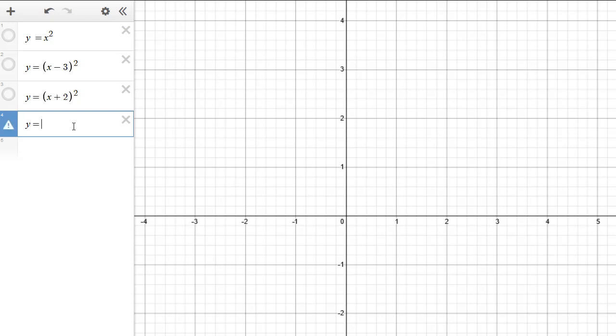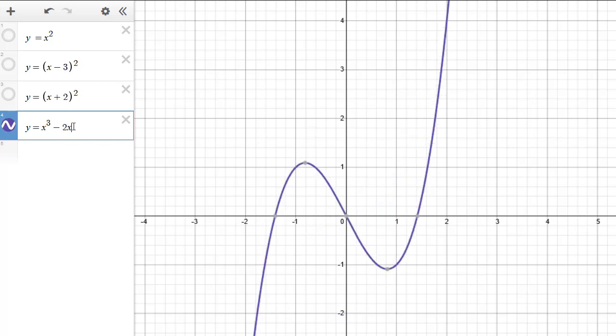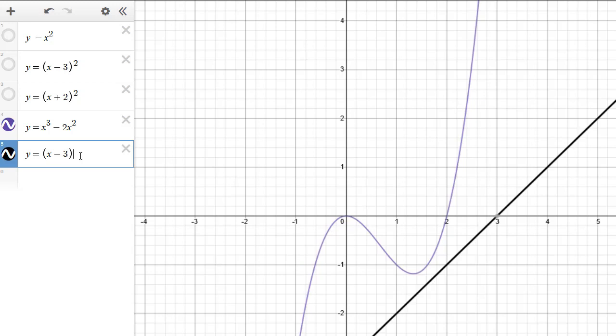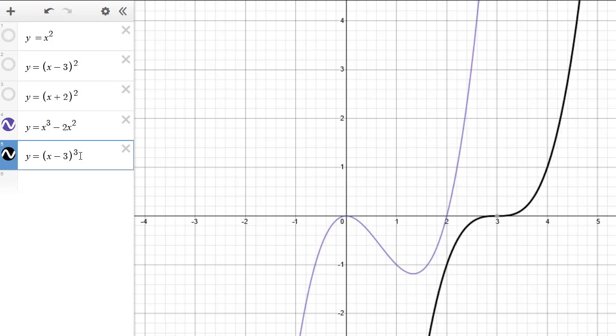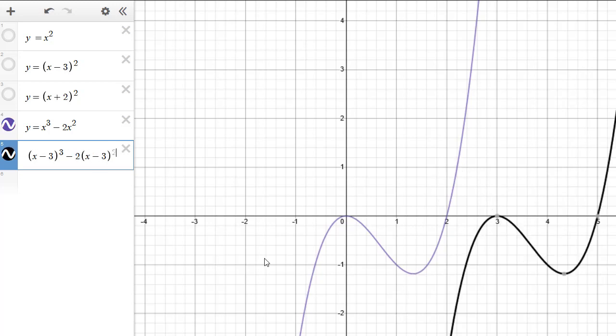So if I had y equals x cubed minus 2x squared, something like that, if I want to shift it right by 3, I am going to change every x into x minus 3, minus 2 times x minus 3. What do you know? The original function is now shifted right by 3. Okay? That's how it works.